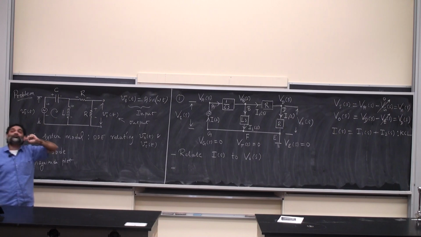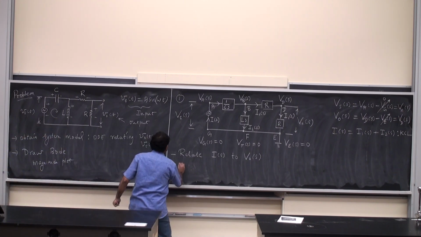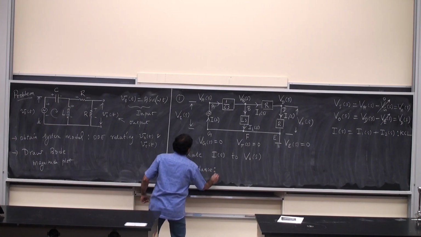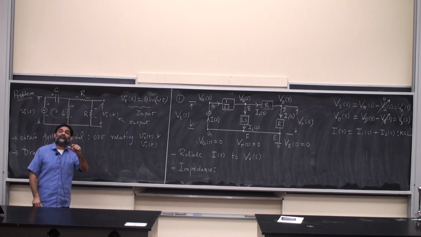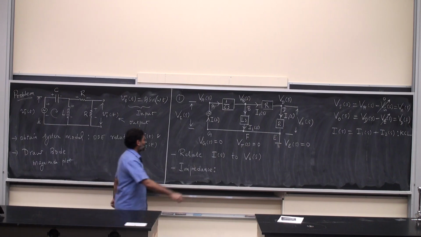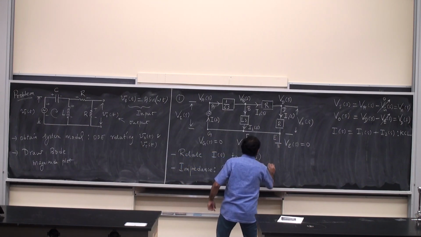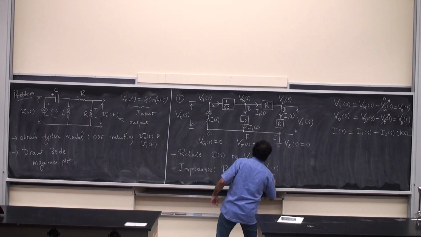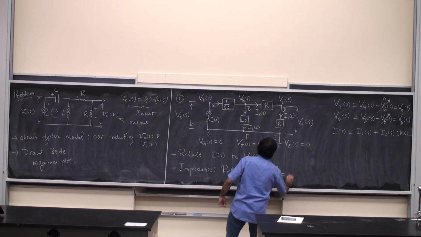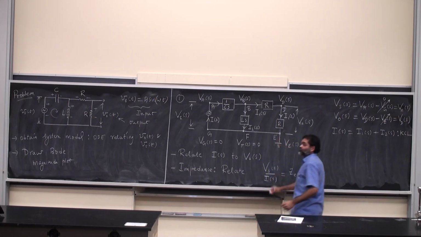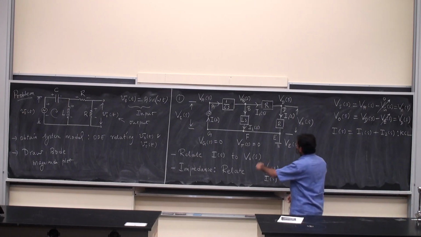I use that to reduce everything, so that I can relate the main branch current to the source voltage. So relate Vs of S by I of S is equal to some effective impedance. Okay? So we need to find this effective impedance. We need to find the first relationship.